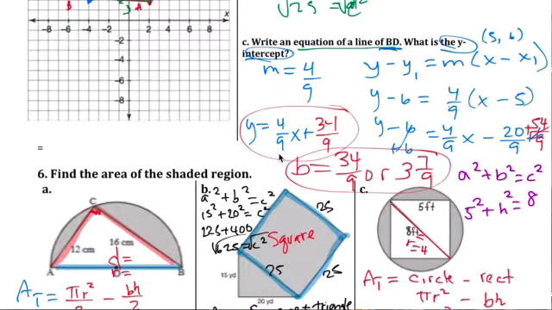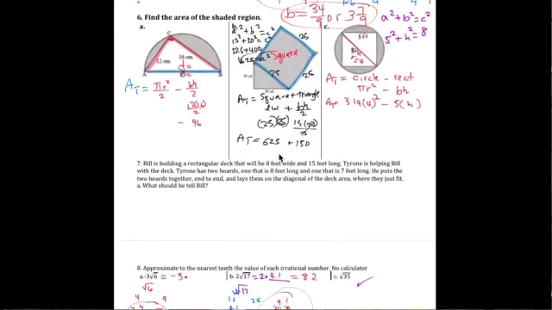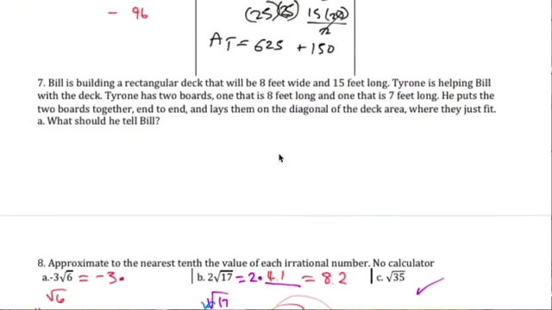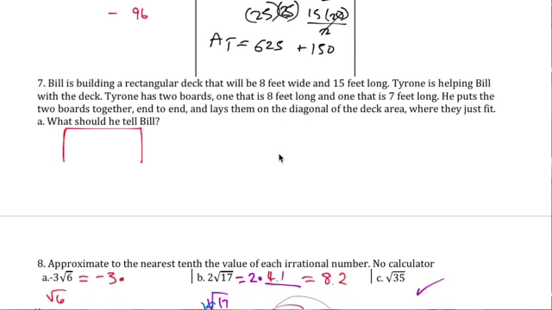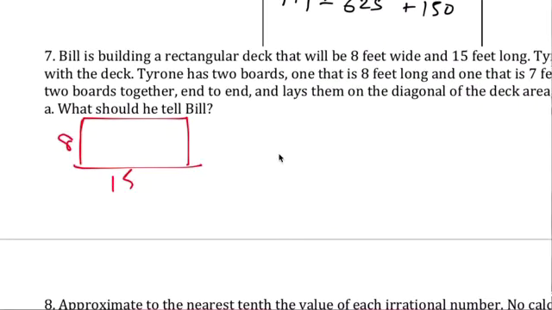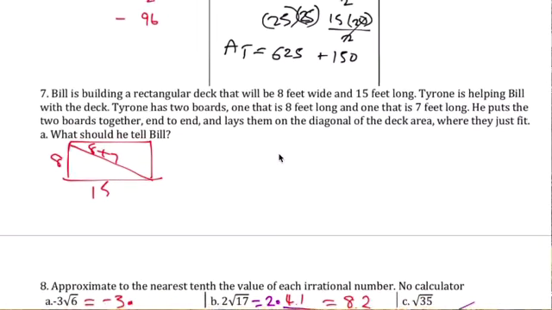Okay, building a rectangular deck that is 8 feet wide and 15 feet long. Tyrone is helping build the deck. Tyrone has two boards, one that is 8 feet long and the other one is 7 feet long. So basically 8 plus 7. It's not going to be enough.